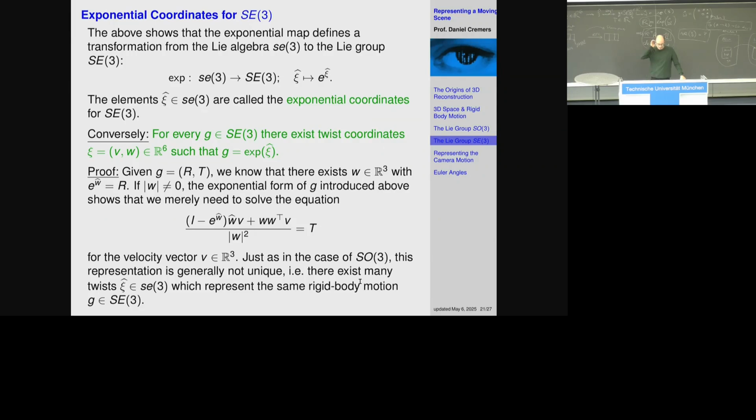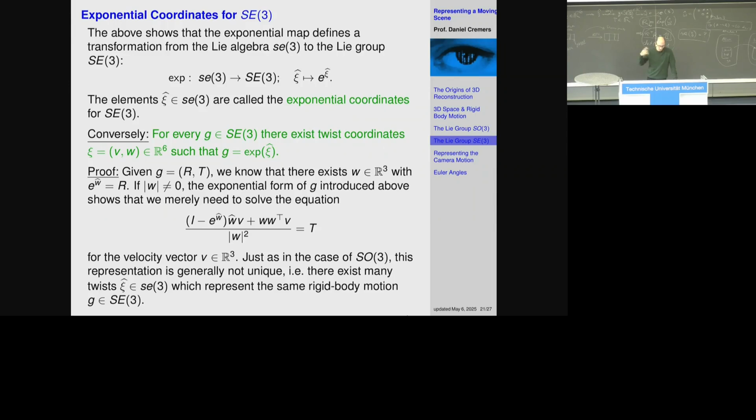But again, like in SO(3), this so-called logarithm is not unique. That means there are possibly infinitely many twist matrices. Once I exponentiate them, I get the same rigid body motion, the same rotation and translation.